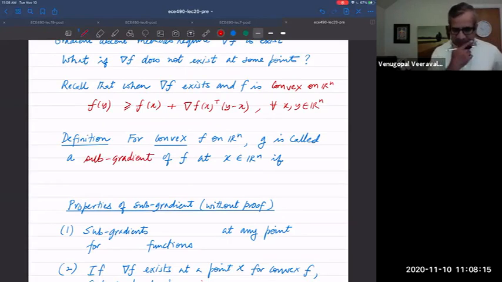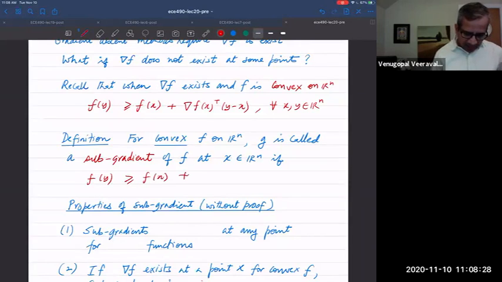So for a convex function on Rn, g is called a subgradient of f at a point x in Rn if this convexity property holds with the gradient replaced by g.